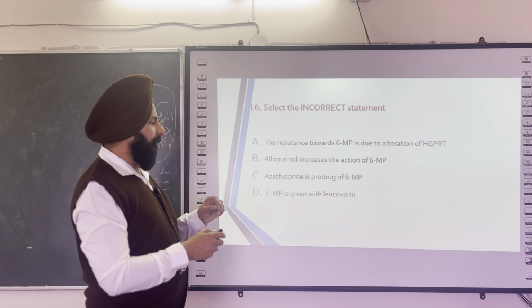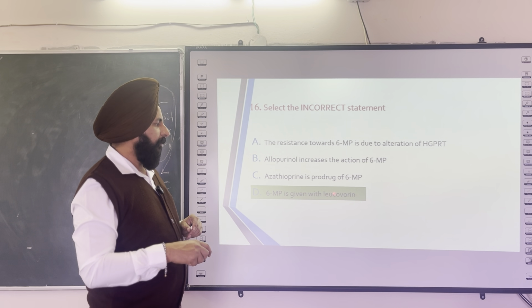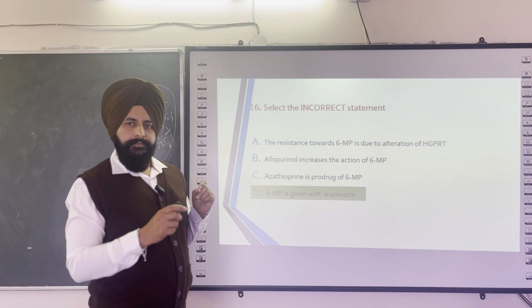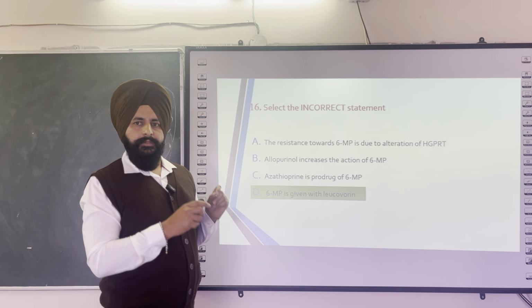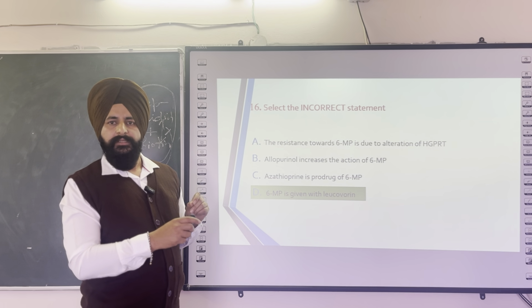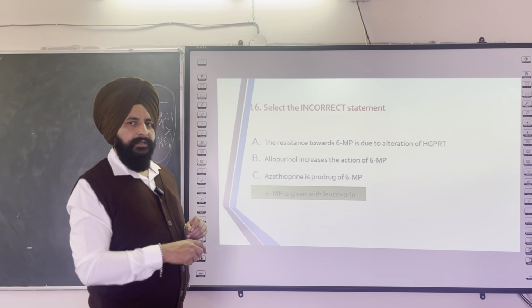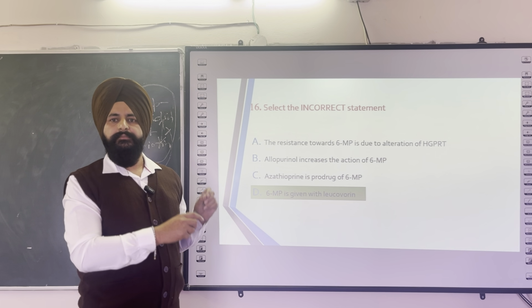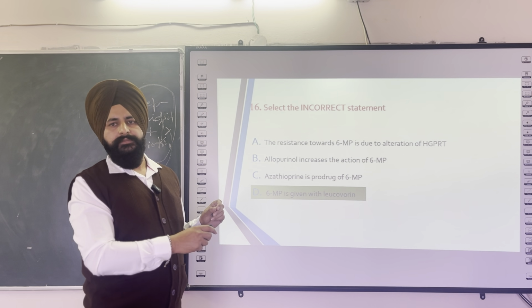So you choose the incorrect, wrong statement here. The wrong statement here is that 6-mercaptopurine is given with leucovorin. If you give 6-mercaptopurine with leucovorin, leucovorin is an antagonist. It will antagonize the effect of 6-mercaptopurine and that's why its action can be reduced. So this is the incorrect option for this question.